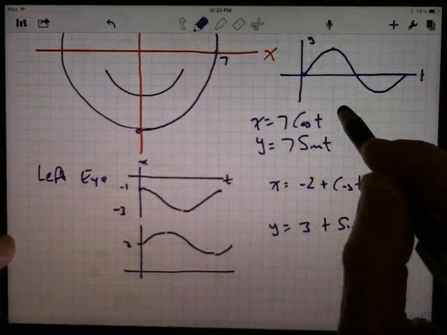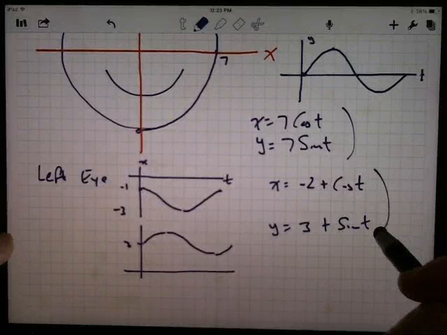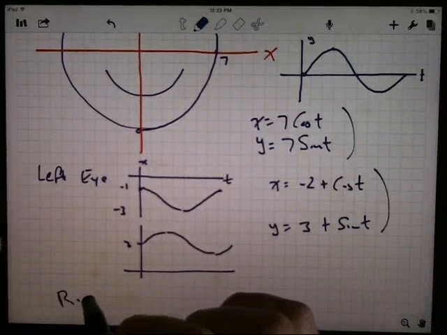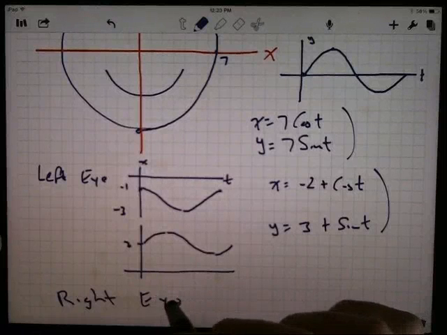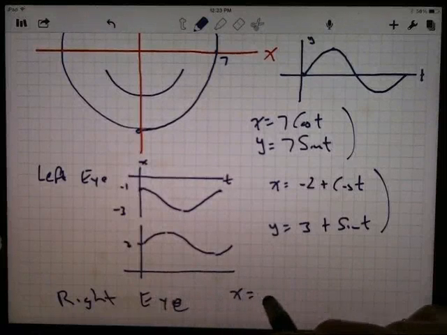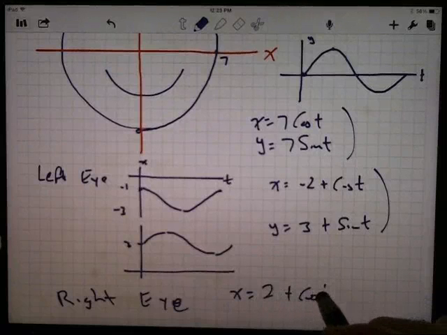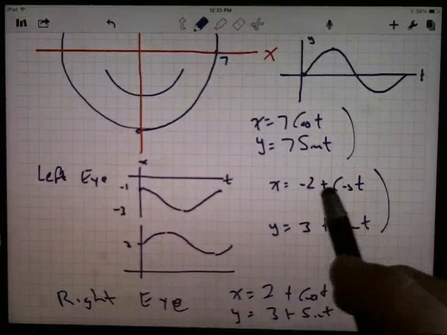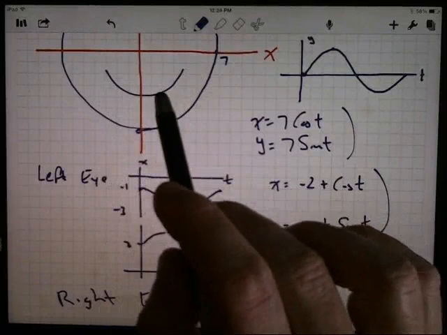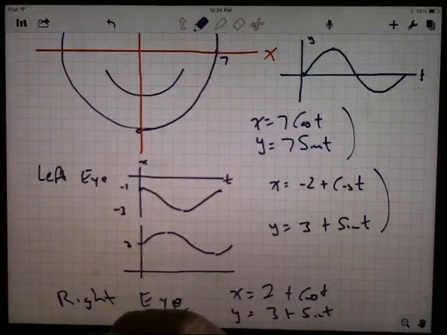So where this was the left eye, for the right eye I'm pretty confident I can just say x equals positive 2 plus cos t, y equals 3 plus sine t. And then we've got the smile.